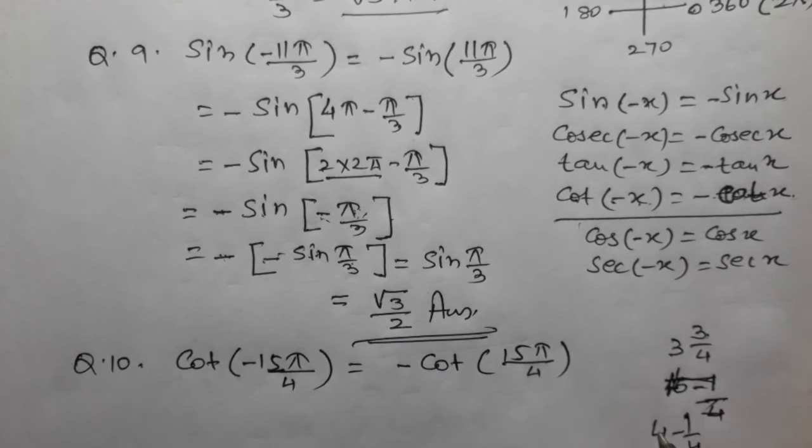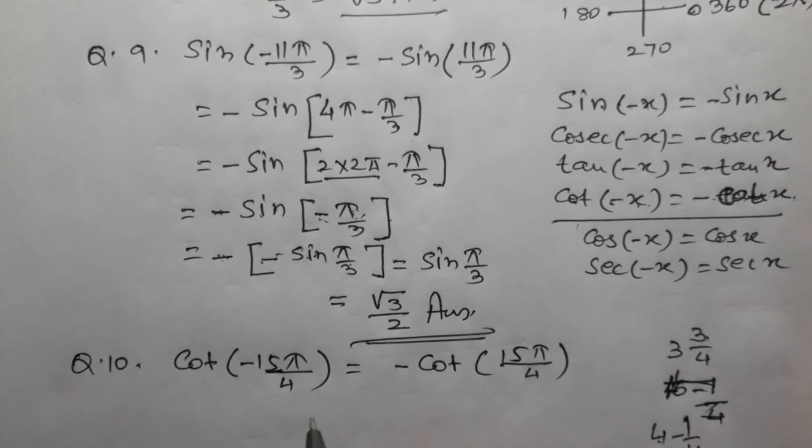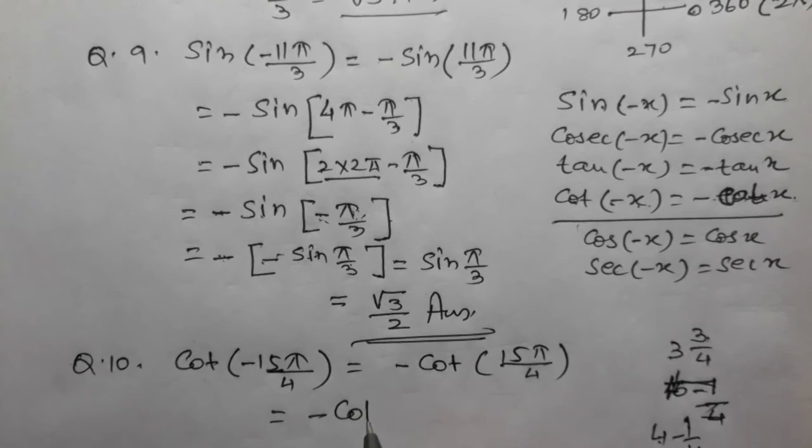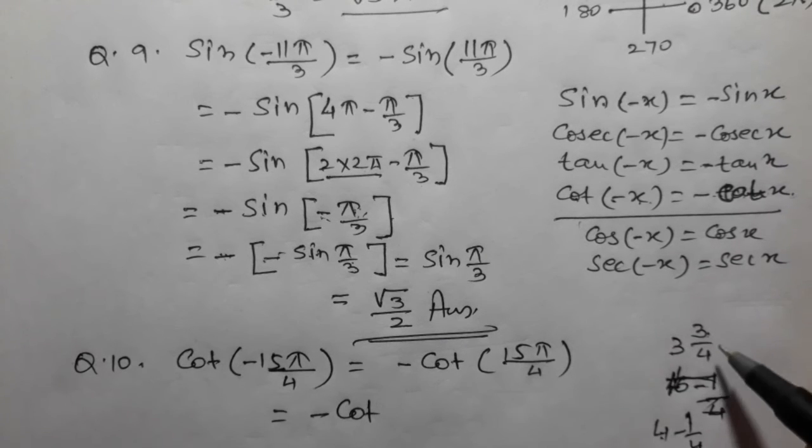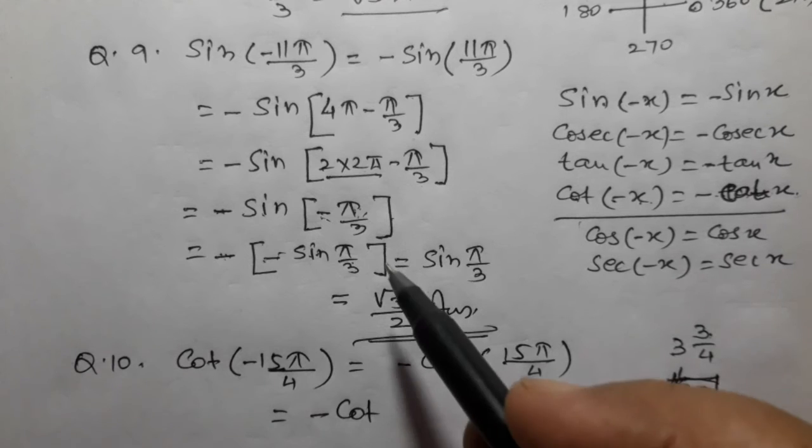So 4 into 4 is 16, minus 1 is equal to 15. Sometimes we add the remainder and sometimes we deduct the remainder.